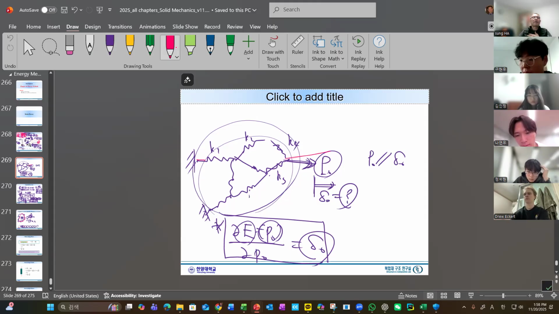It doesn't need to be parallel to the direction of P0, but delta zero is always this much, the same direction as P0. Even though this is the real deformation, the deformation in the direction of P0 can be calculated from this strain energy method.